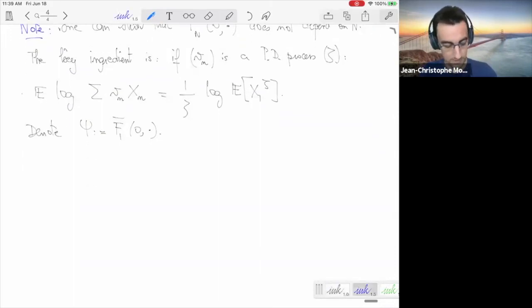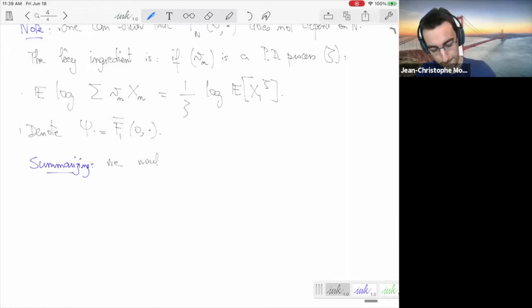So summarizing again, we would like to say that as n goes to infinity, this fn bar converges to f.